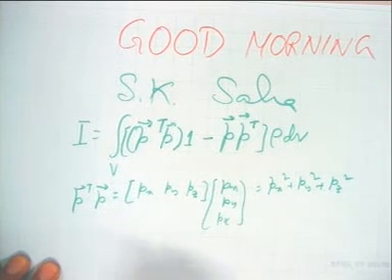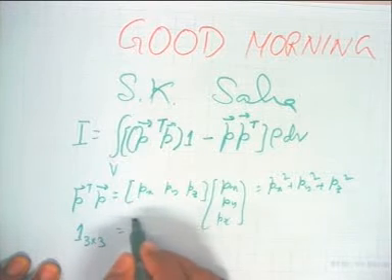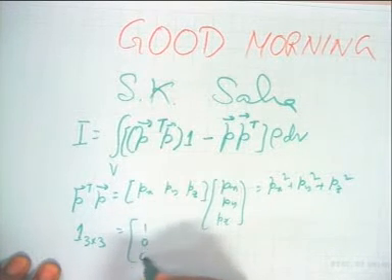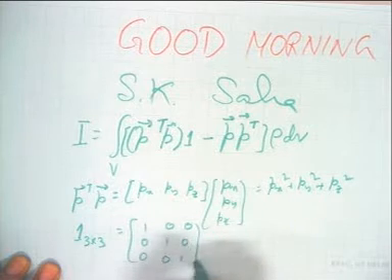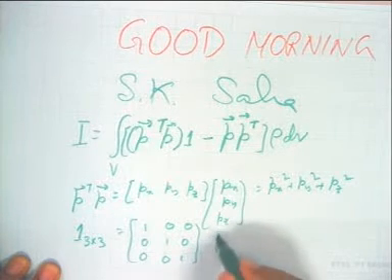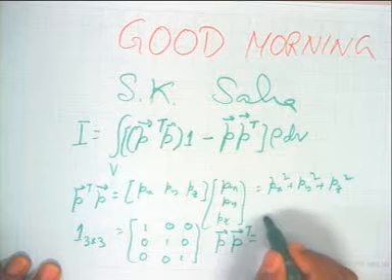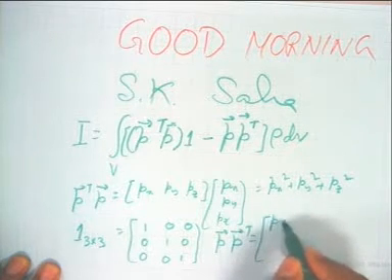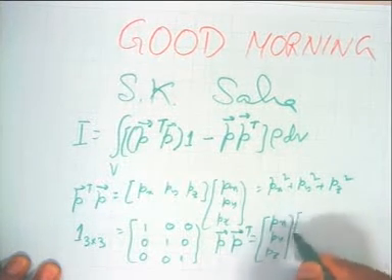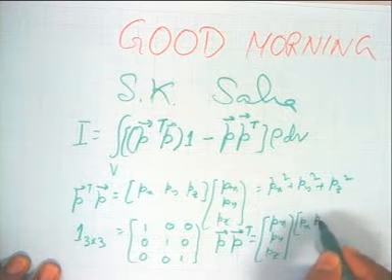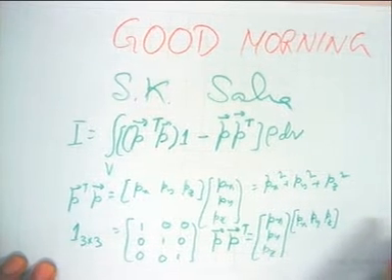The identity matrix is 3 by 3, which means it has 1 0 0, 0 1 0, 0 0 1. Then for P P transpose, I write P first, Px, Py, Pz, and P transpose, Px, Py, Pz. Then I perform this operation.